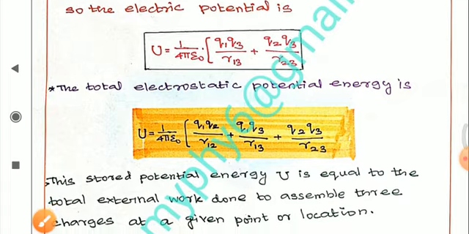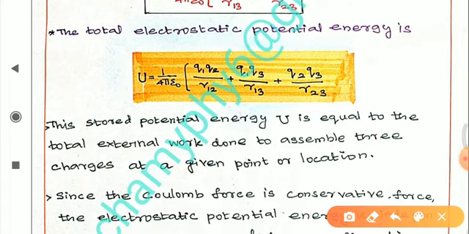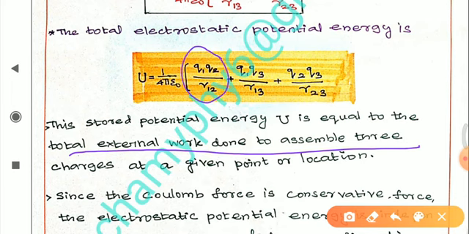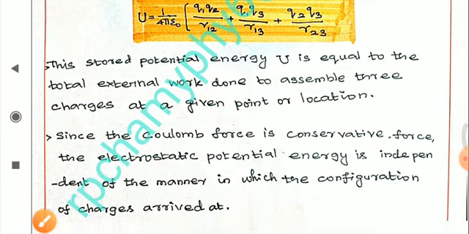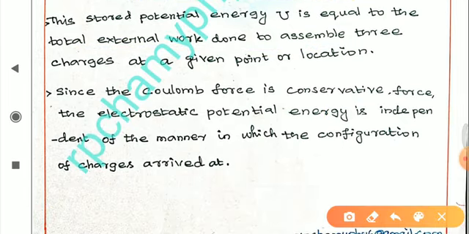So this stored potential energy is equal to the total external work done, because the first term is to bring the second charge to the point B, and these two are the work done to bring the third charge to the point C. Okay, then one more important point.